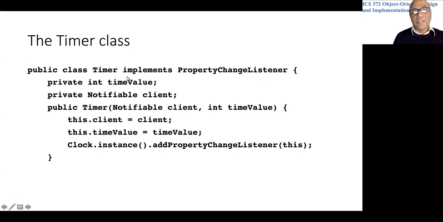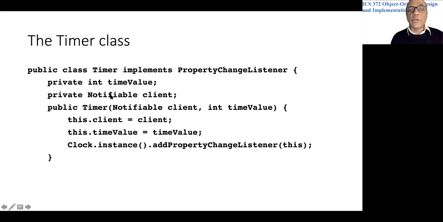And in this implementation, the only class that gets notified or that is interested in the clock is the timer. So the timer implements property change listener, so it is an observer. It keeps track of the time value left and who its client is.